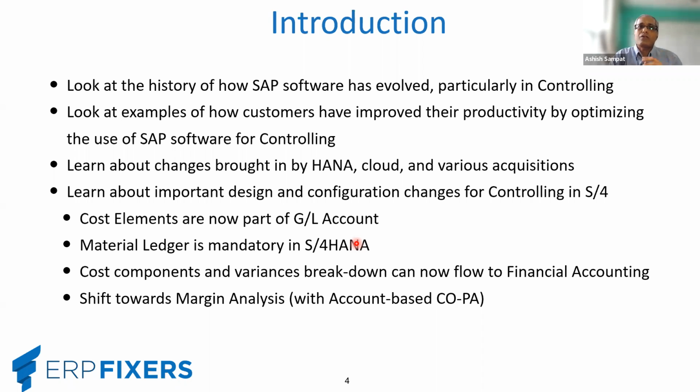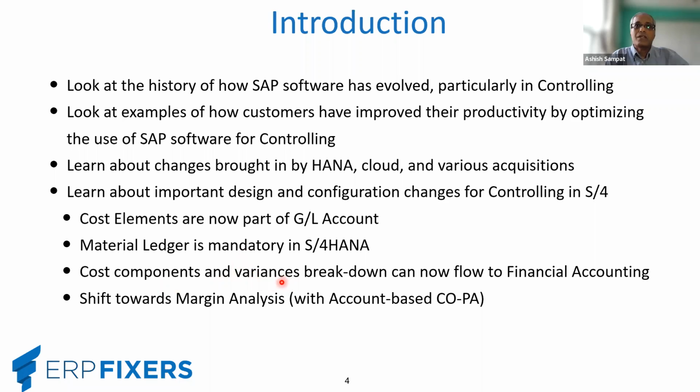The four that we want to focus on are around cost elements, part of GL account. What exactly does it mean and what implications does it have? Material ledger is mandatory. What exactly does it mean for those companies which have never used material ledger? And then how do we get breakdown of cost components and the variances in financial accounting, which was not available earlier?